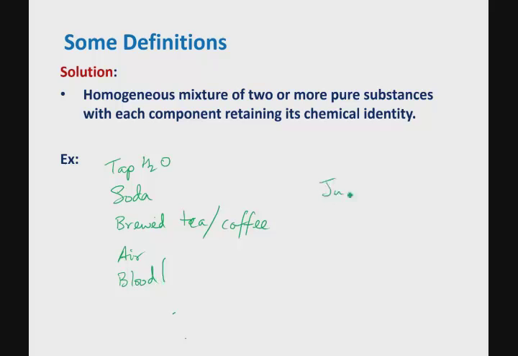Juice is a solution. What about sterling silver? Is it pure silver? How about steel? How about bronze? Those are not pure substances. Those are what we call metal alloys, and those are homogeneous solutions too. Solutions can be liquid solutions, gaseous solutions, or solid solutions as well.